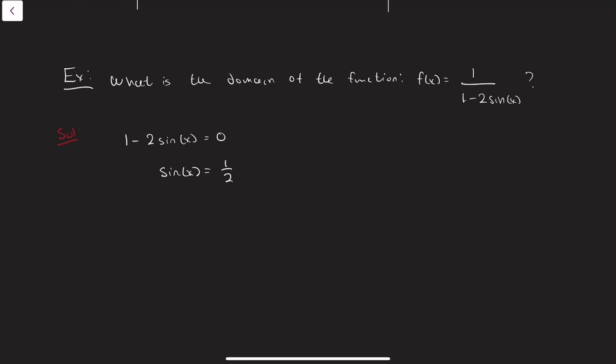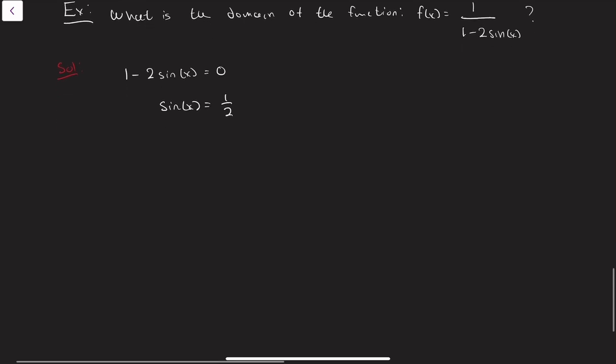Great. We know intuitively from the unit circle, if you recall, that the solution to sine of x equal to 1/2 happens when x is equal to pi over 6 as well as 5 pi over 6.